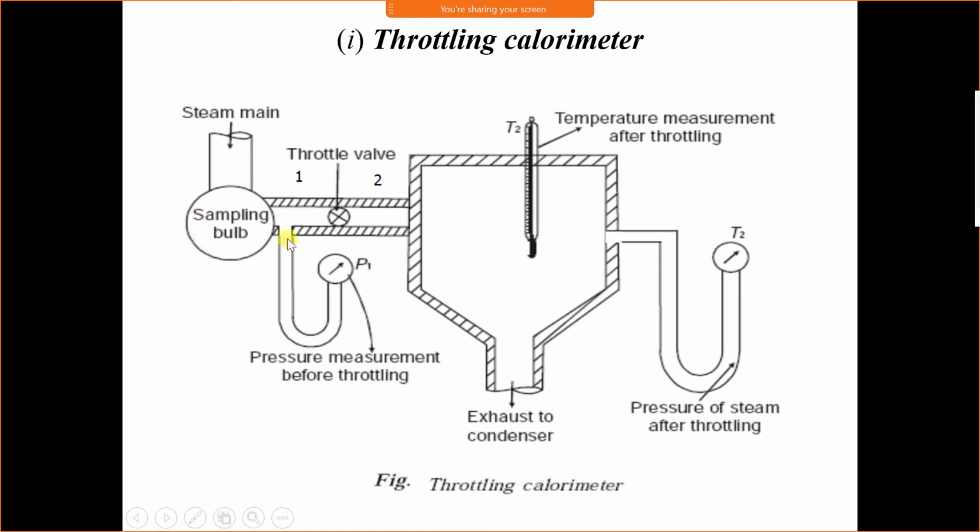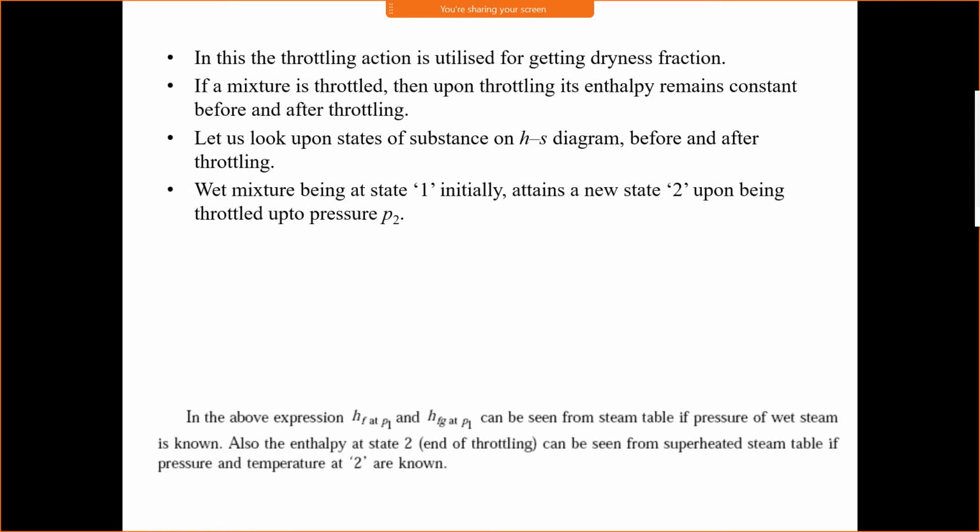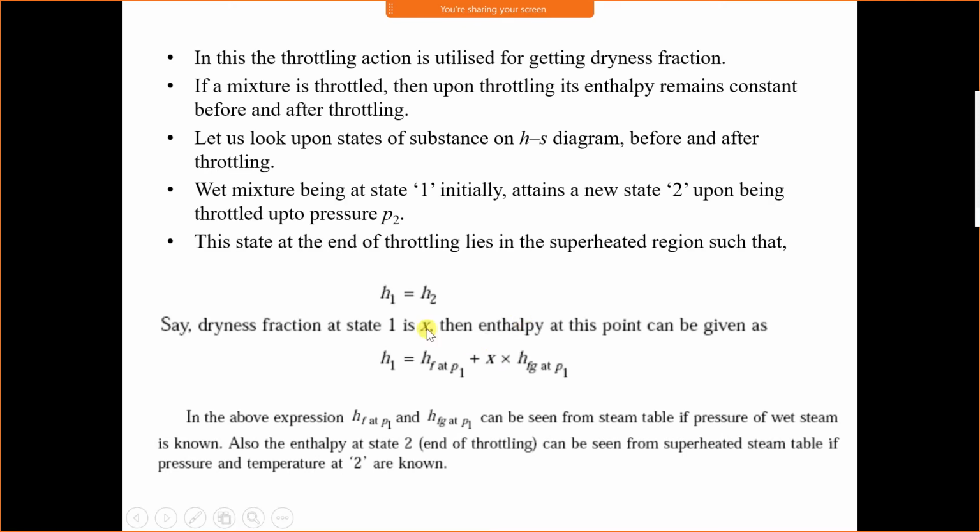Here, steam is entering in a wet condition. Therefore, the formula of enthalpy at region 1 will be h = hf + x hfg. Look here, hf is the enthalpy of water and hfg is the latent heat.